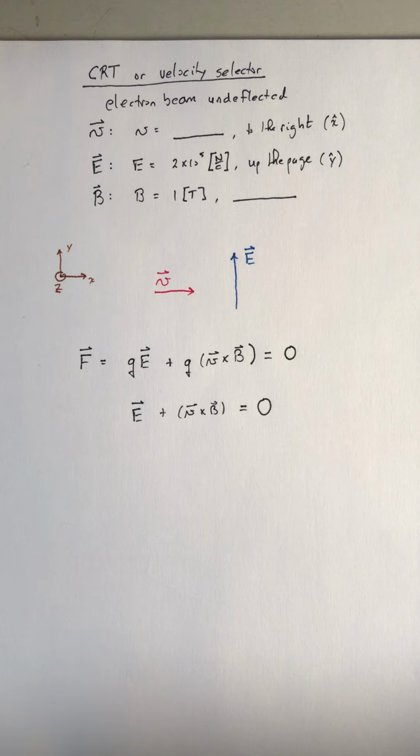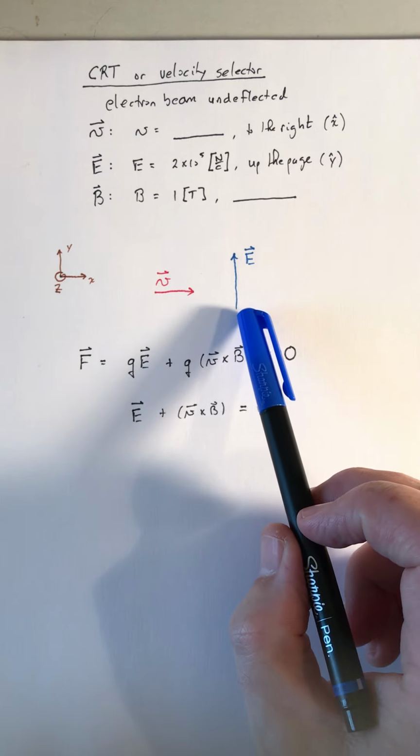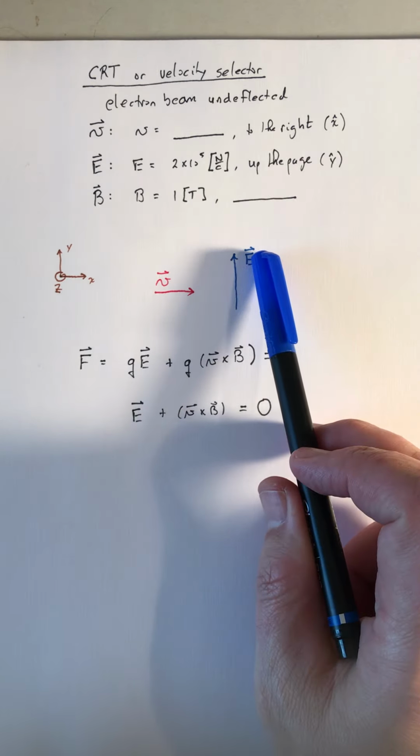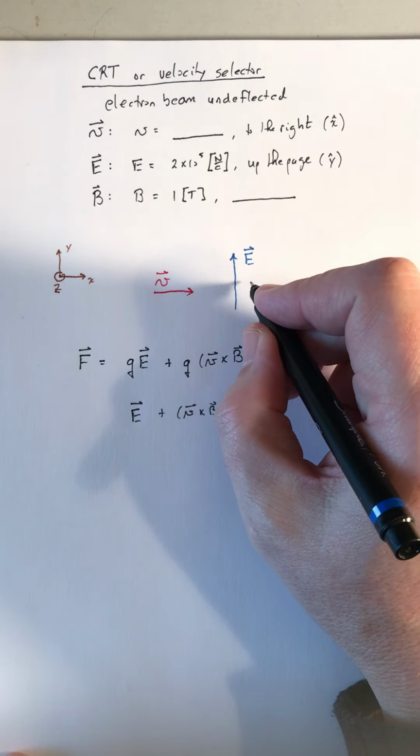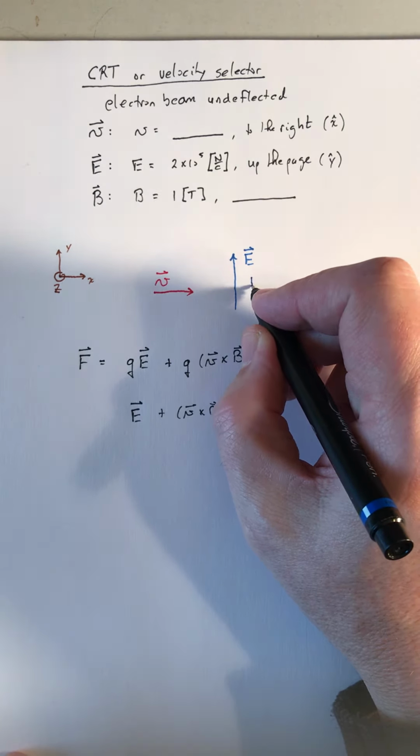All right, so let's work out some of the directions of things. So the electric field points up, so the Coulomb force on a negative charge is going to point down.